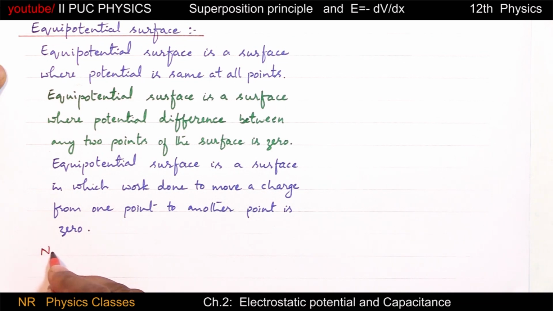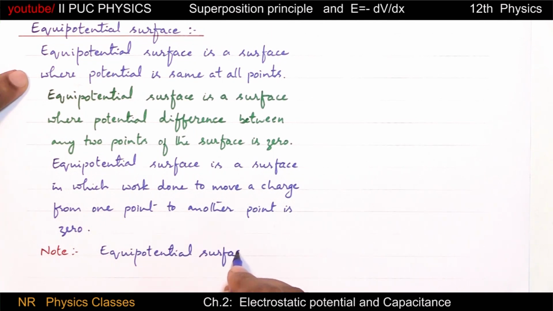Now note, an equipotential surface is always perpendicular to the electric field.